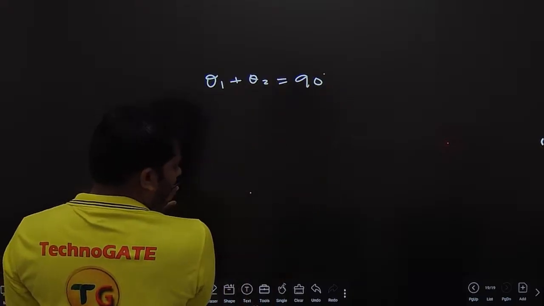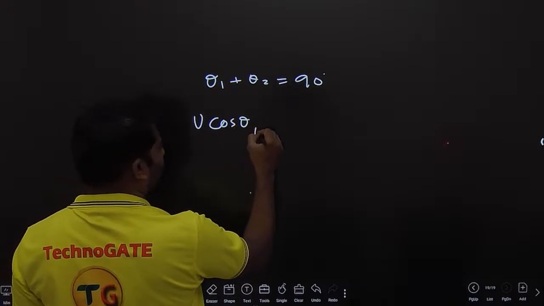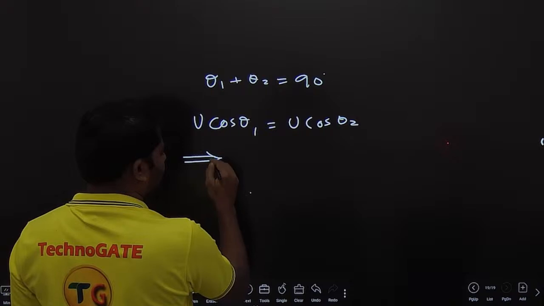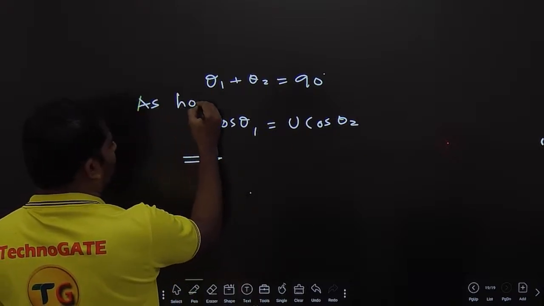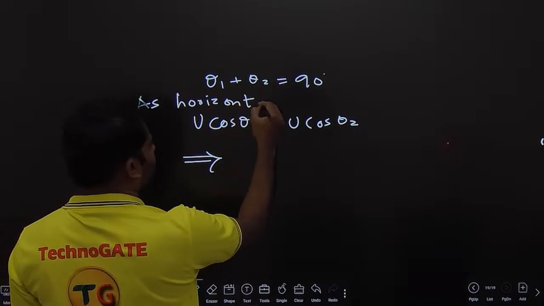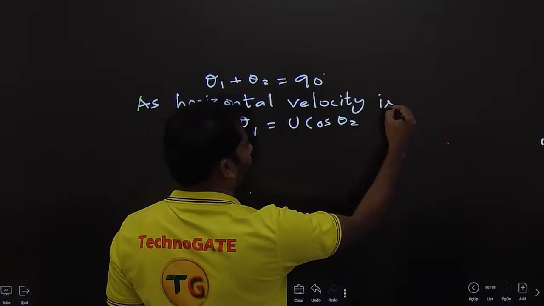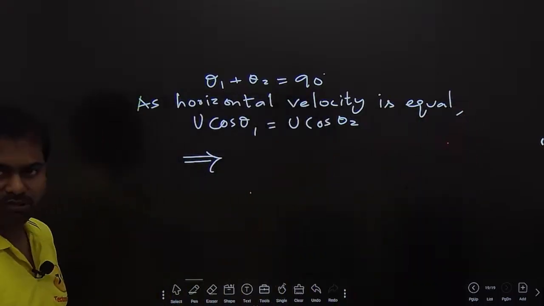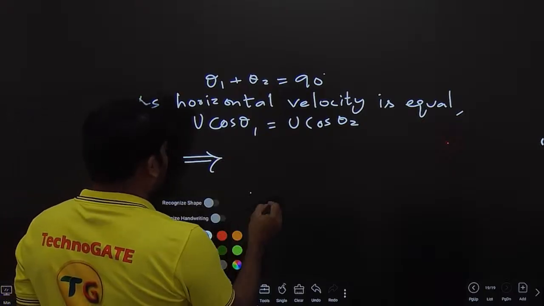And the horizontal component is always the same, so we take the condition u cos theta 1 is equal to u cos theta 2, because the horizontal velocity is equal. This means we are removing u.